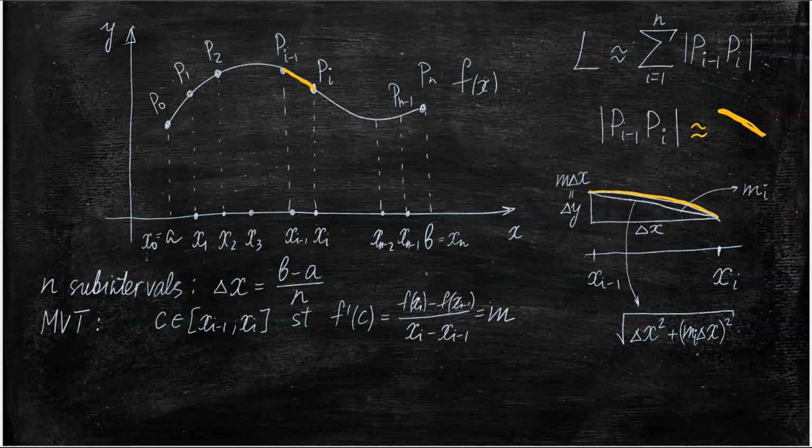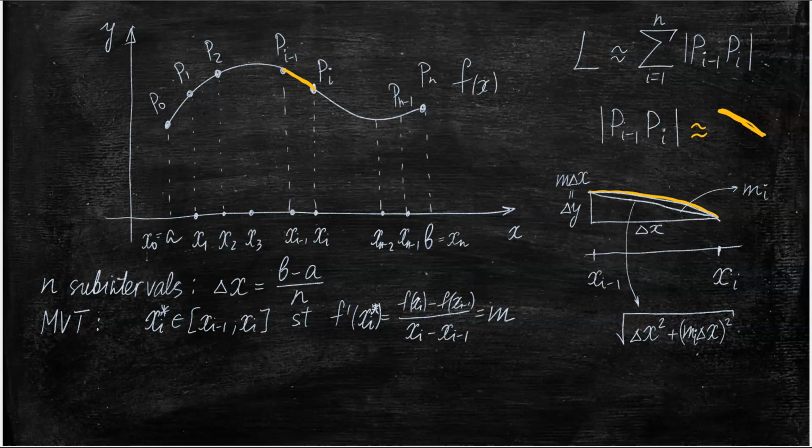And now we're not going to call it c, but we're going to call it xi star. So the mean value theorem guarantees the existence of such a number, and if it exists, we are going to pick that value as a representative for that particular interval.